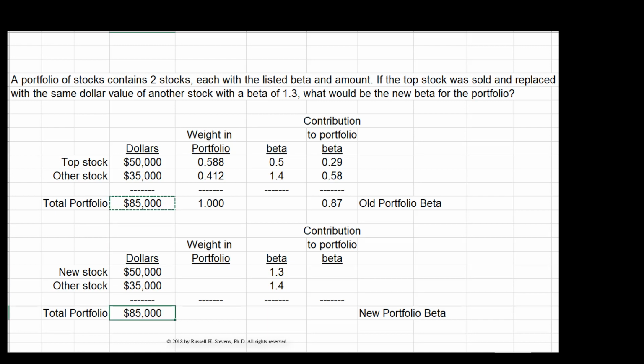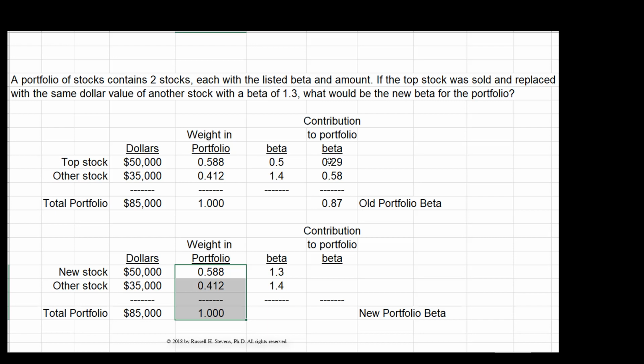Next, use your mouse to highlight the numbers in the next column on the upper schedule. Use the Control-C combination. Highlight the cell directly below Weight in Portfolio on the lower schedule, and use the Control-V combination. Again, the total weight in the portfolio should be 1.000.